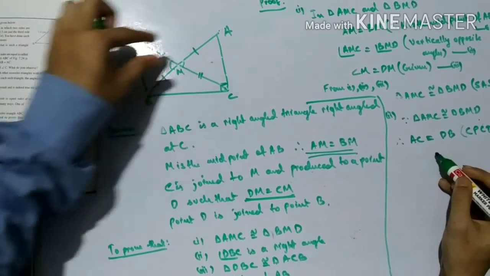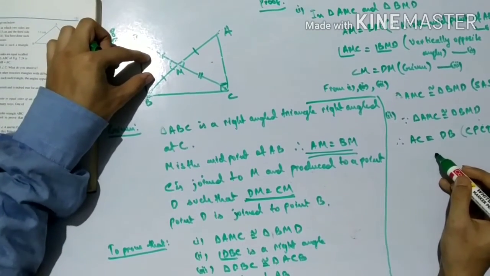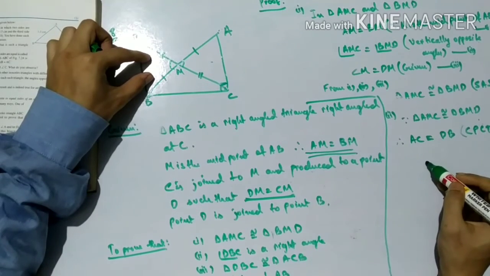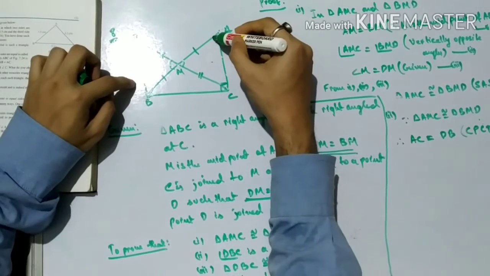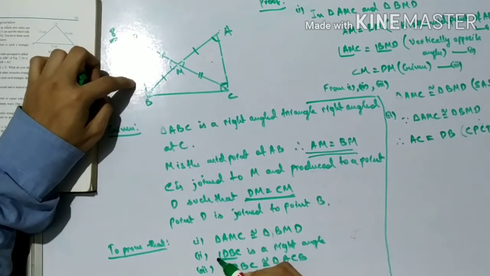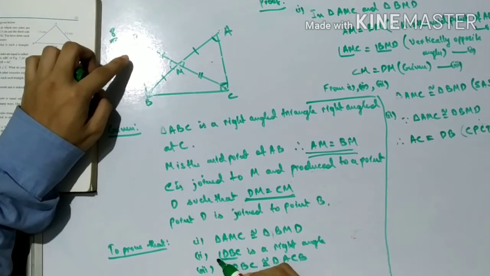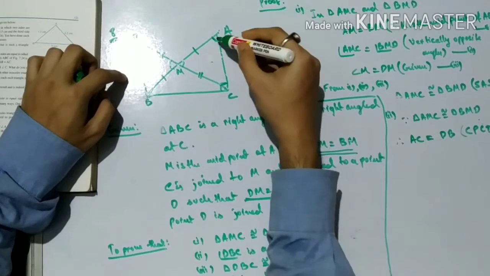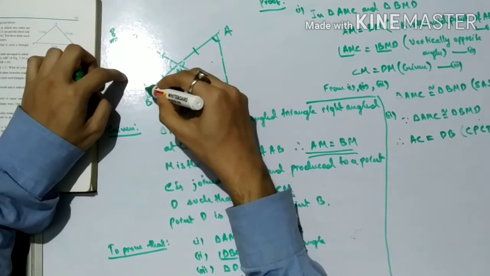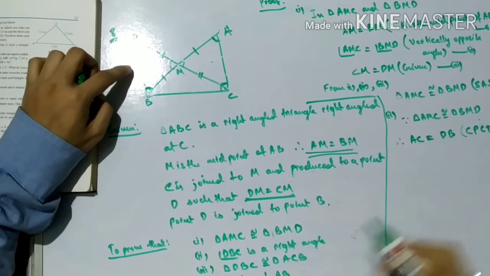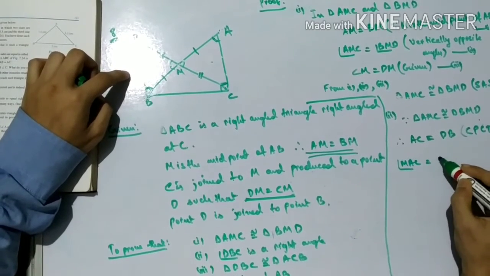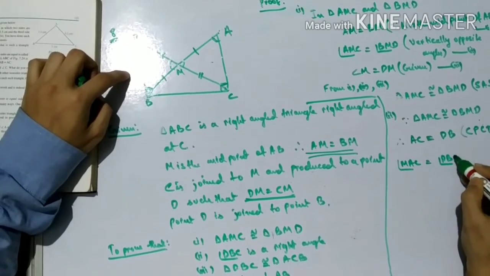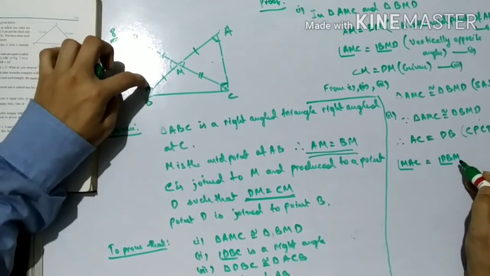Yes, this side will be equal to this side, and then again which two angles will be equal, you see. MAC, this angle will be equal to DBM. This angle will be equal to this angle. Yes, I can write angle MAC equals angle DBM.